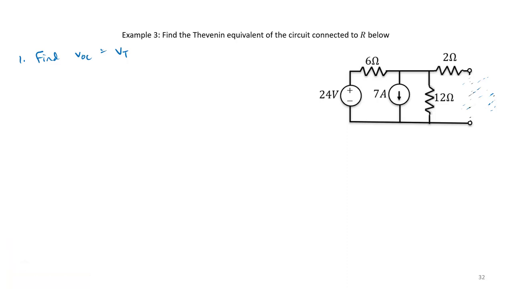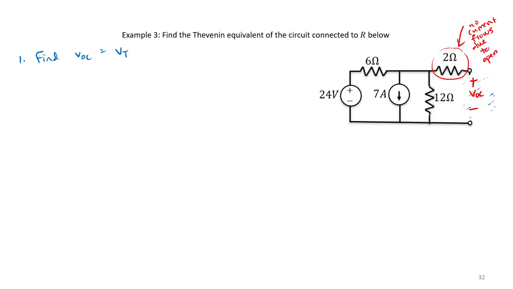And so here we want to find VOC. Does any current flow through that 2 ohm resistor? No, remember this is connected to an open, so no current flows due to the open.